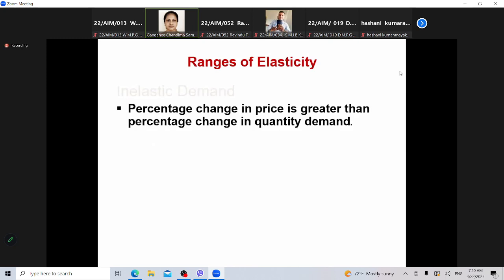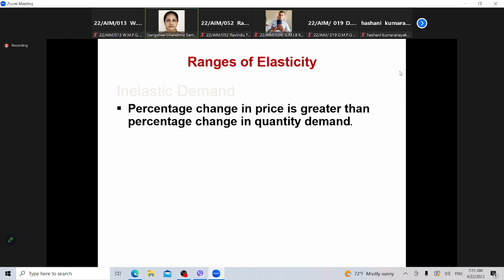Inelastic demand, that means percentage change in price is greater than percentage change in quantity demanded. I think you can understand easily how it becomes inelastic.